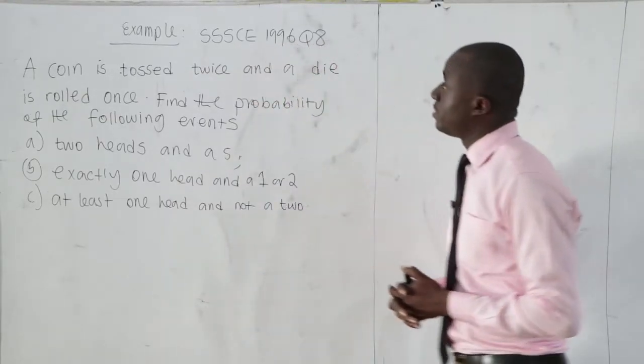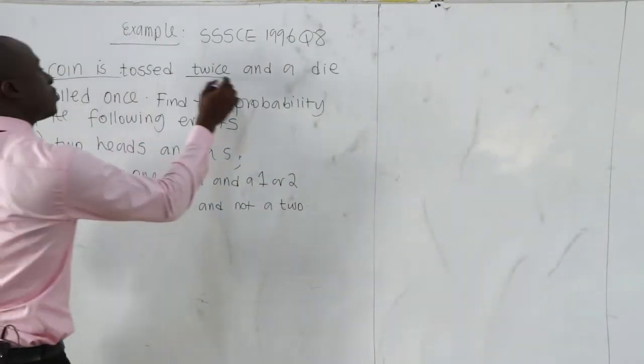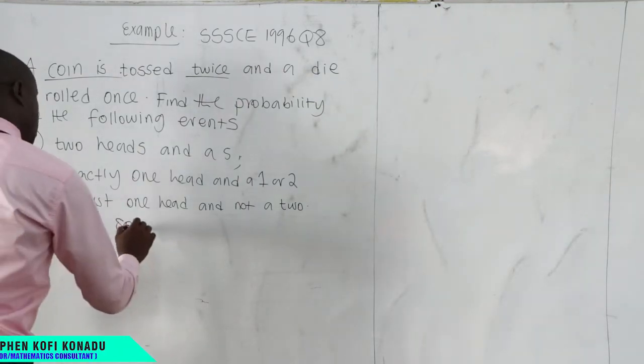This is SSC 1996 question number 8. A coin is tossed twice and a die is rolled once. So let's count the sample space.